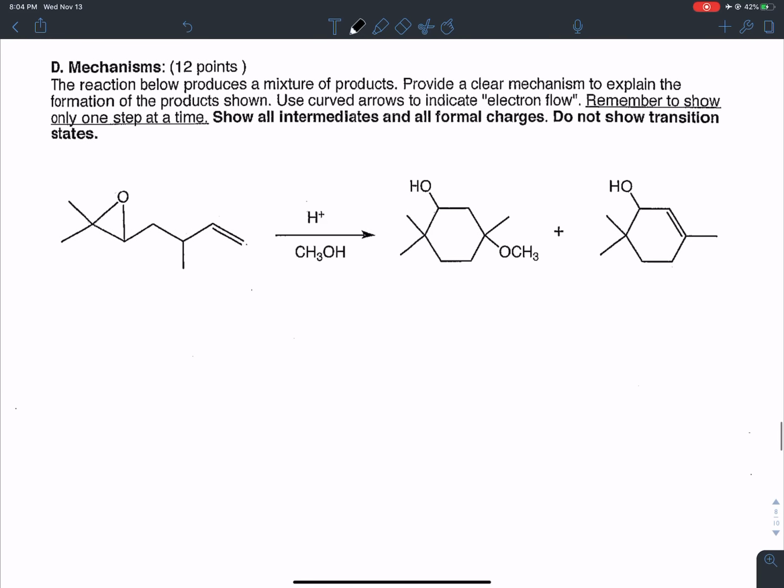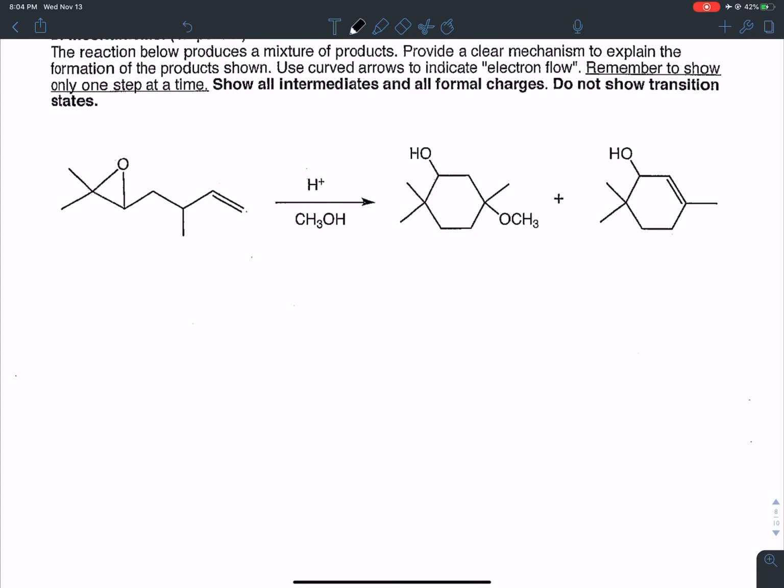All right, mechanisms. Definitely, you want to be making a game plan. Another very useful tool that's going to help you a lot: you can number these things, and that would help a ton. You don't have to do nomenclature-style numbering.